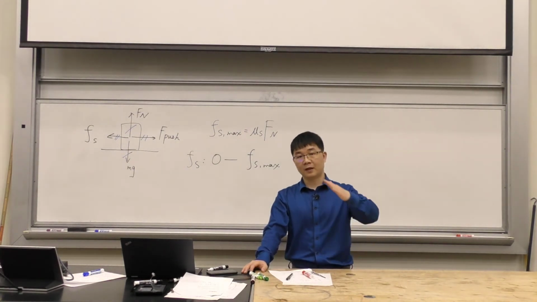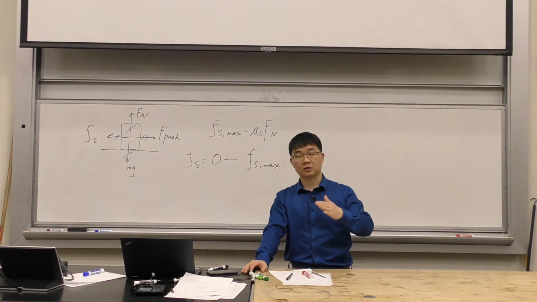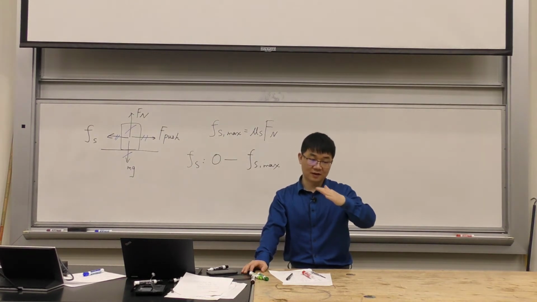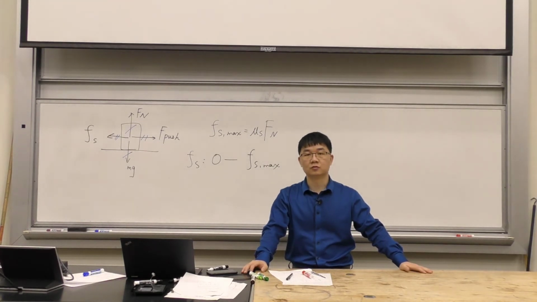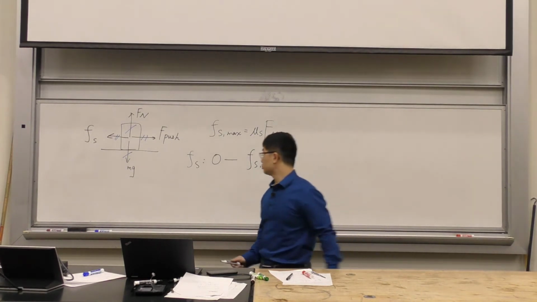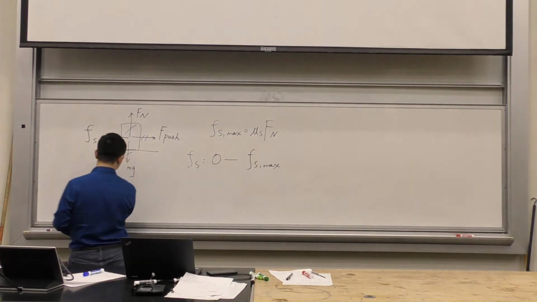That's why at a certain angle, this object is going to start to slide down this incline. So we can use that critical angle to find the mu s between the object and the surface. That's what we want to do here. So how do we do that? Now let's first draw a free body diagram.